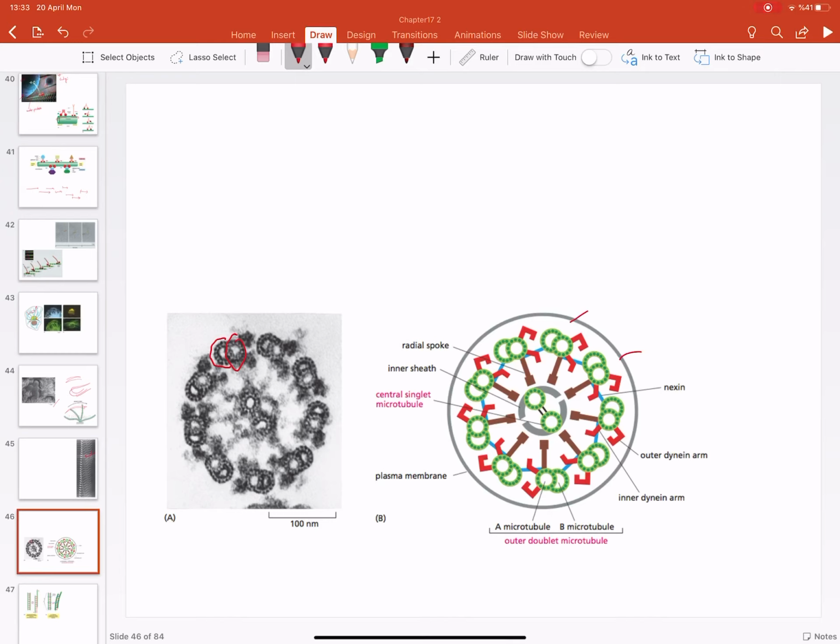And you have 1, 2, 3, 4, 5, 6, 7, 8, 9 of them, plus 2 of them in the middle. This is called 9+2 organization. In each case, there are motor proteins on the surface. And these motor proteins allow the microtubules to move themselves against each other.